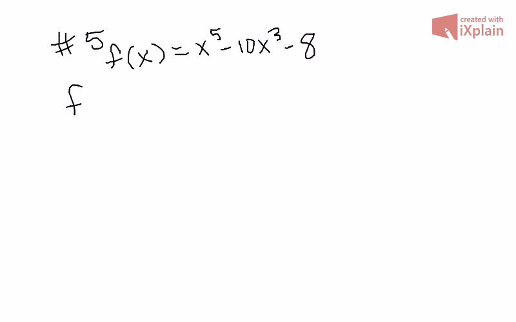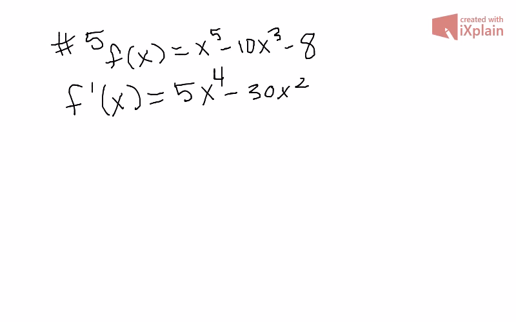Number 5. Alright. So on number 5, we're basically wanting to use the derivative to find the critical points and inflection points. Now, when you're using the derivative, you want to take the derivative of the function and look at where the derivative is undefined.